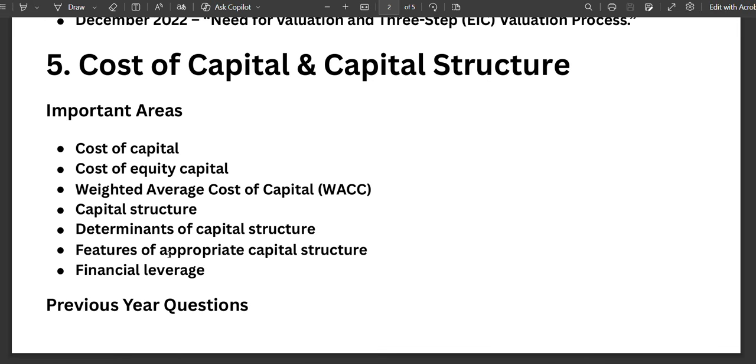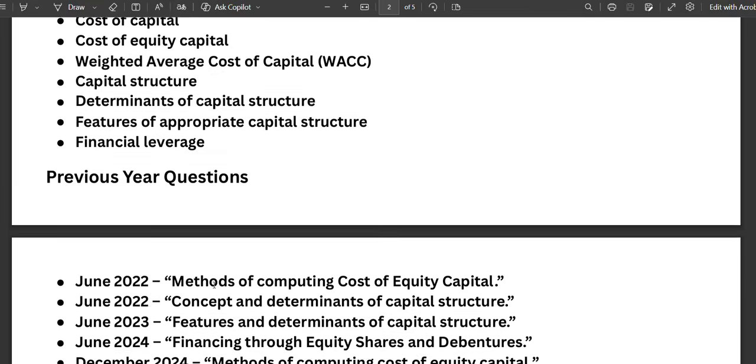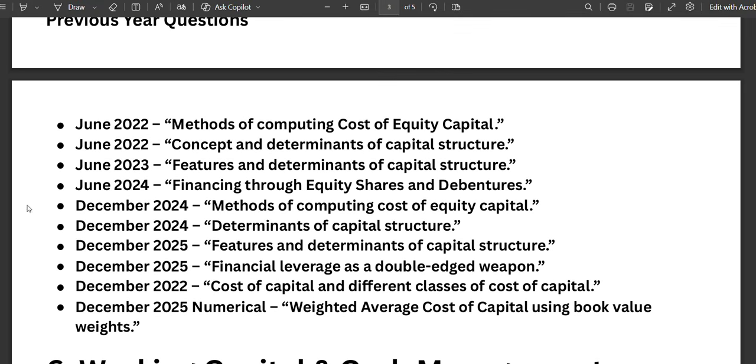As I said earlier, I'm just concentrating on the important sections, topics and questions. Here you can see from June 2022 to December 2025, a lot of questions have been asked on cost of equity capital, and what is capital structure, its concept and its determinants. Again, its features and determinants have been asked.